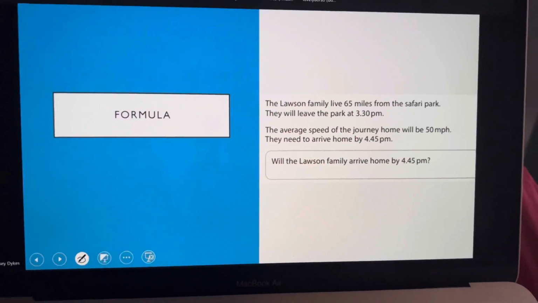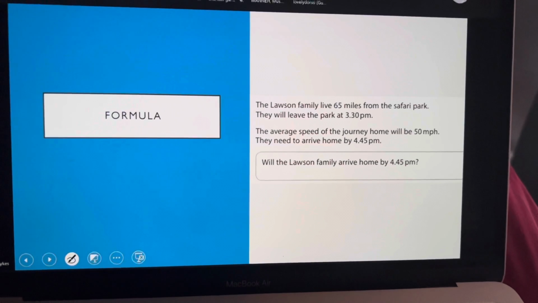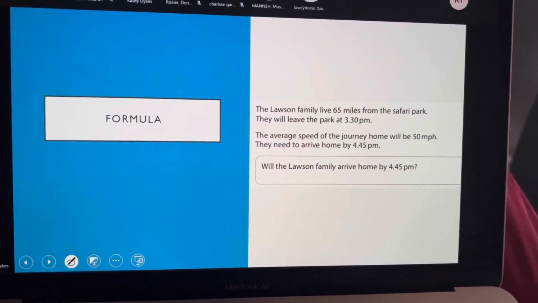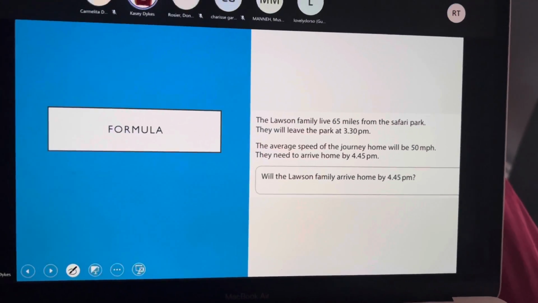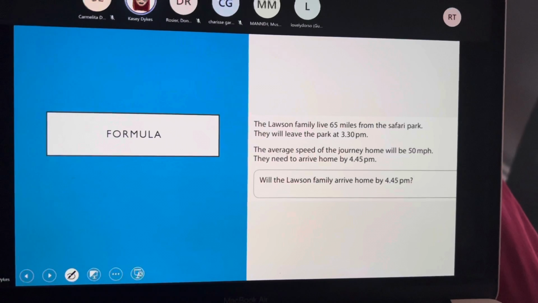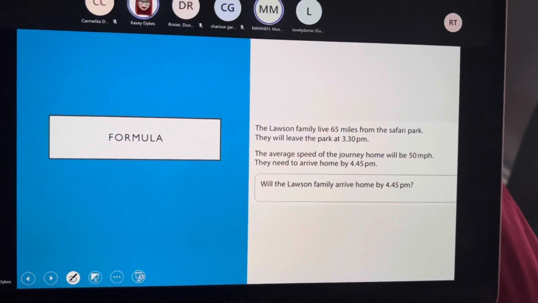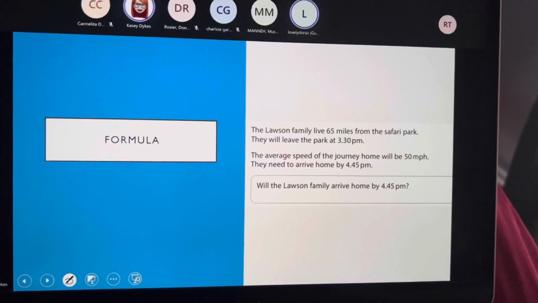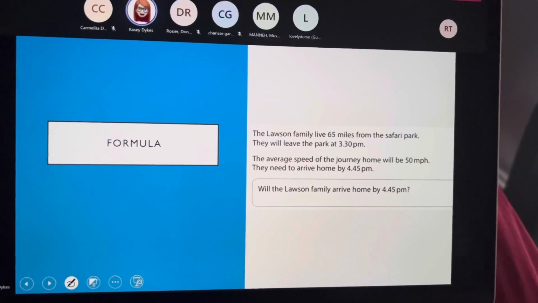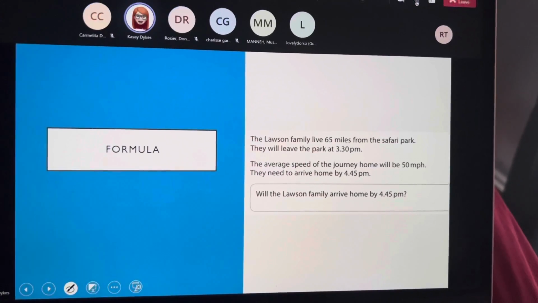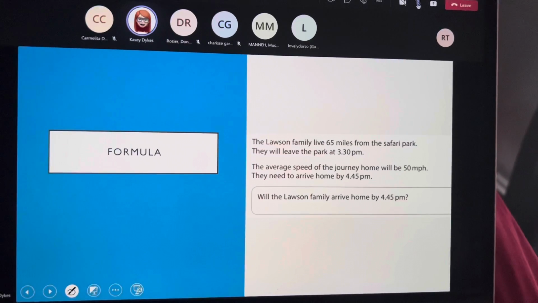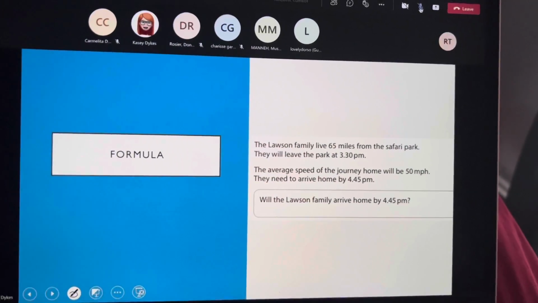So here's our next one, formula question. The Lawson family lives 65 miles from the safari park. They will leave at 3:30 p.m. The average speed of the journey home will be 50 miles per hour, and they need to arrive home by 4:45.